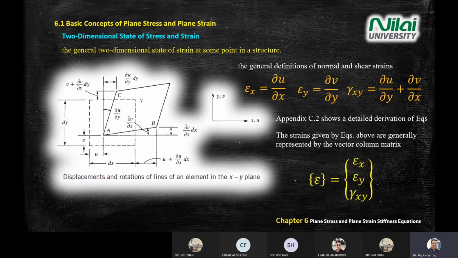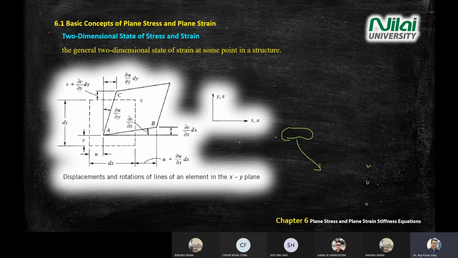So what is important for this chapter 6 is that when you write your strain in vector form, again, we are considering x direction, y direction, and xy plane dimension.